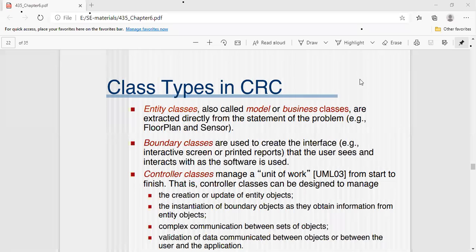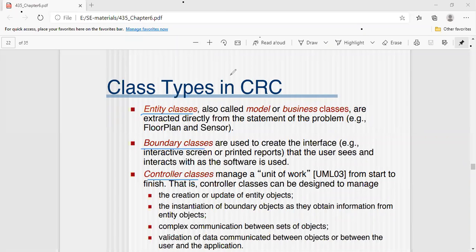There are three types of classes in CRC. The first one is entity classes, the second one is boundary classes, and the third one is control classes. What are the entity classes, what are the boundary classes, and what are the control classes here?